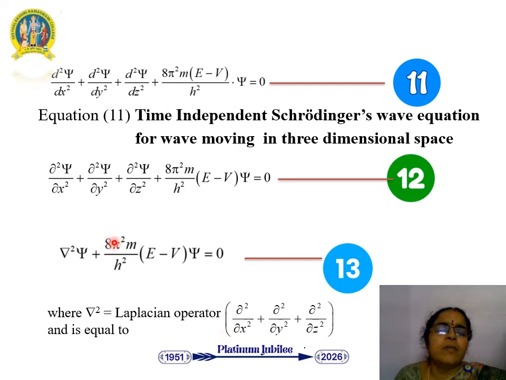Then we can replace those terms with del squared into psi, and we finally arrive at the equation del squared psi plus 8π²m/h² into (E minus V) into psi is equal to 0. This is equation 13.